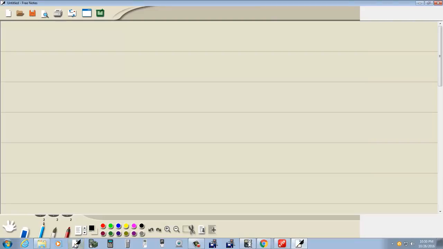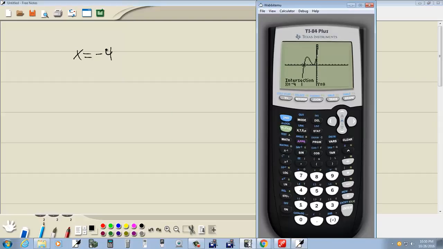Now, -4. Okay, let's see what else we can find. It looks like it comes down, either touches at a point and goes back up, or maybe comes down a little bit below it. But let's put in -2. So I do second trace, choose 5 for intersect, enter, and -2.